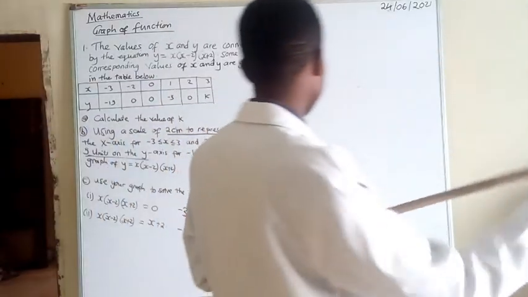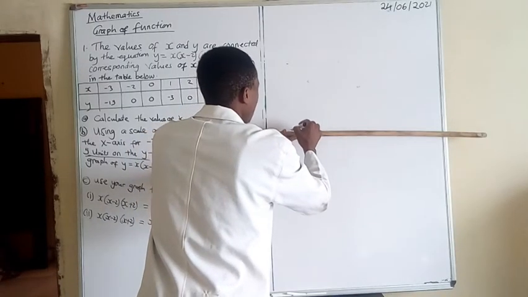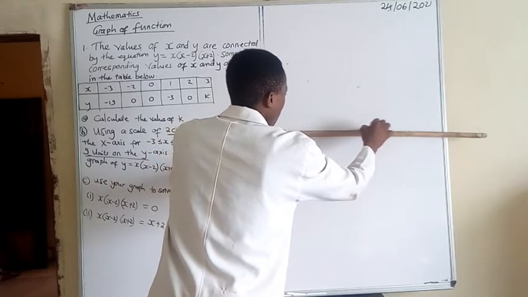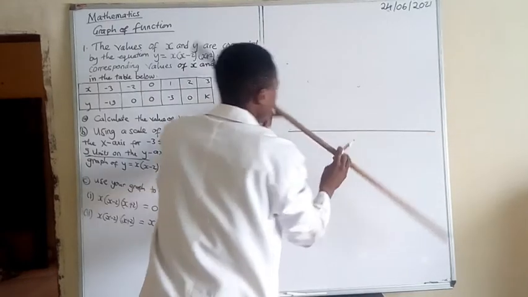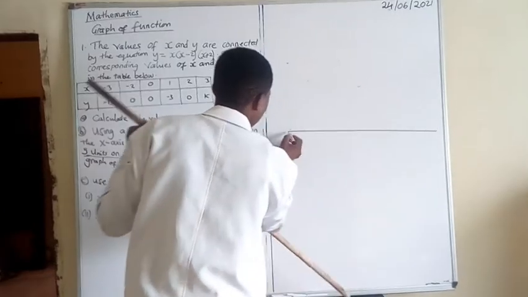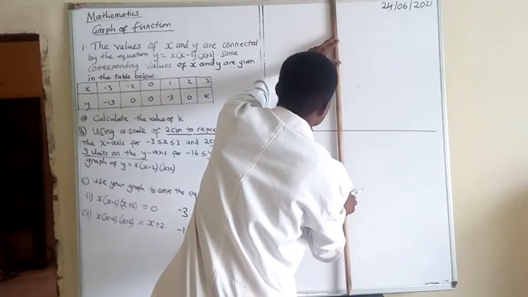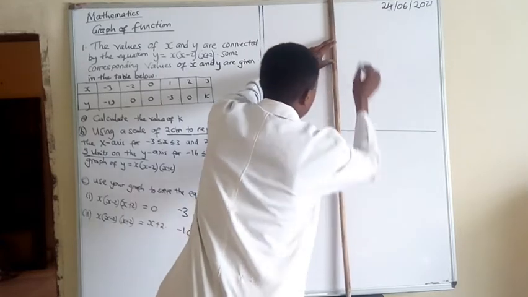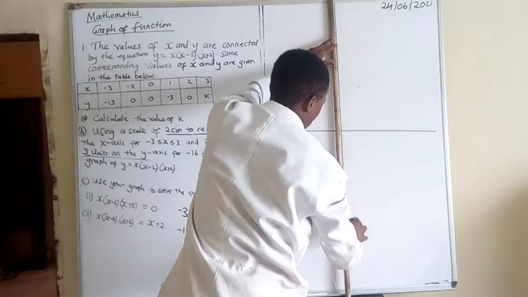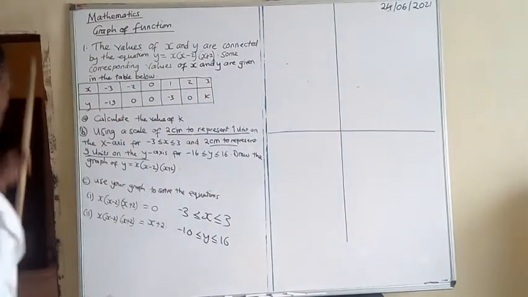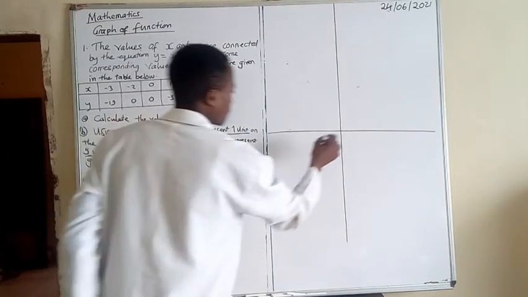So if I was to prepare the graph, okay. I'll assume those are my lines on the graph paper. So that is my initial.